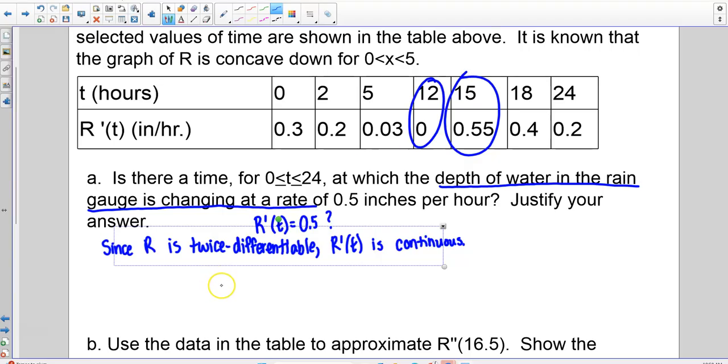So I'm going to say r prime of 12, which equals 0, is less than 0.5. We are trying to prove that this is 0.5. And then we got 0.55, which is equal to r prime of 15.